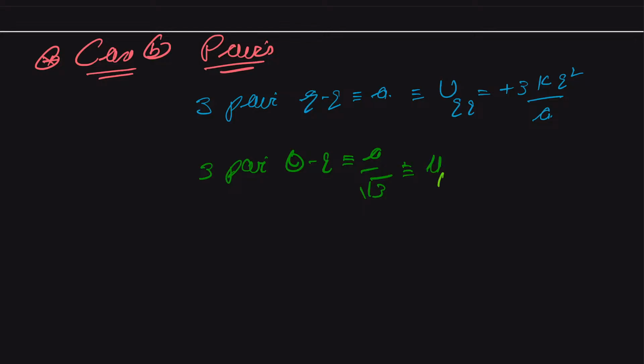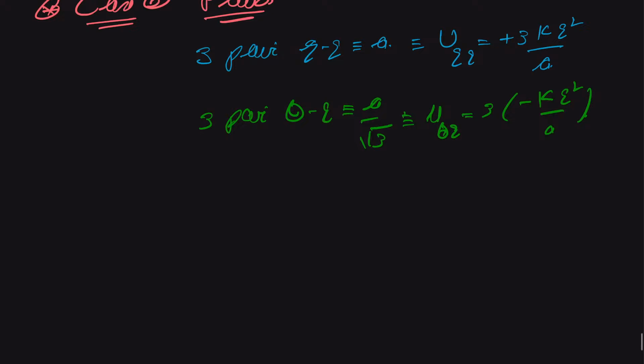So we get this energy will be equal to 3 times minus k q square upon A. We can directly put the relationship.